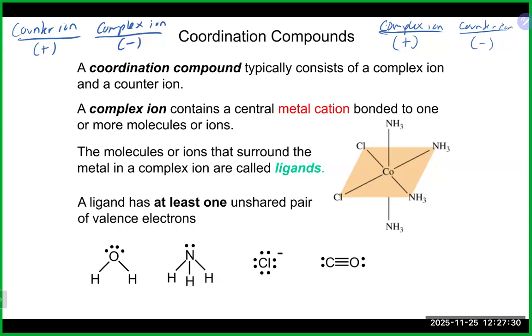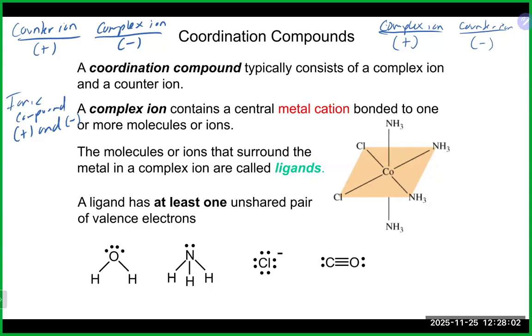It is very similar to an ionic compound, right? Where we obviously have a positive ion and a negative ion. And by the way, just like in an ionic compound, we always do the positive guy first and the negative guy second. So when we name these things, when we write everything that's involved with it, it's always positive guy, then the negative guy here. So it is possible for each of those things to either be positive or negative.